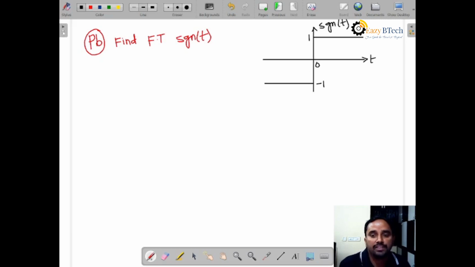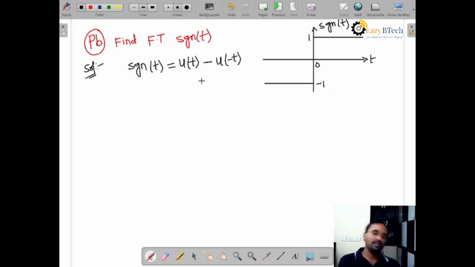This signum function we can write using step function. First I am taking the relation between signum function and step function. So Sgn(t) is equal to u(t) for t greater than 0. And on the left side, it is u(-t), and we have minus 1, so that is why minus.